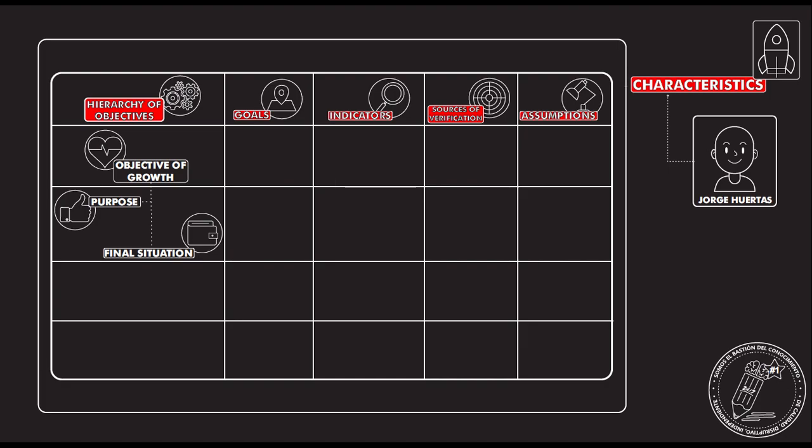So it's extremely important that you analyze step by step and realize where you are going to focus each of those components. The results are very important because the results are the ones that will allow you to see if you reached those goals, if your indicators are correct, and it's very important that you have a reliable source of verification.